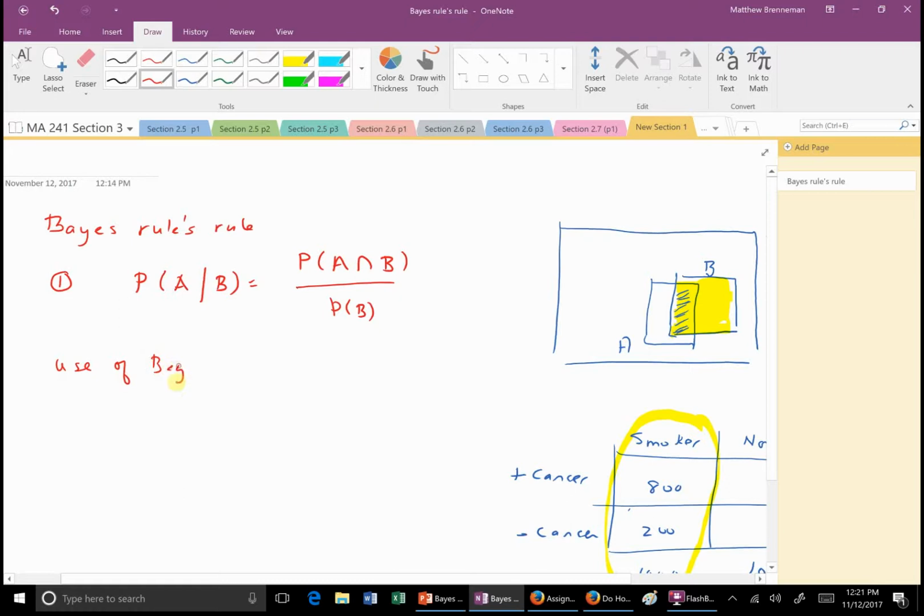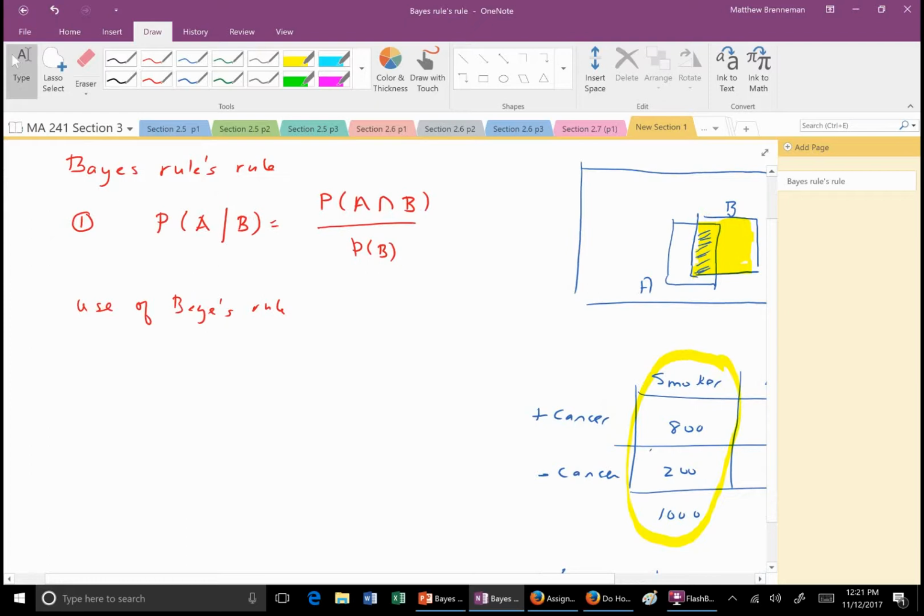is that if we're given conditional probabilities, we can compute probabilities of intersections. So the idea here is that I can compute the probability of A intersection B just using this formula. If I multiply both sides by probability of B, and let me add, I'm going to make two versions of this formula here.